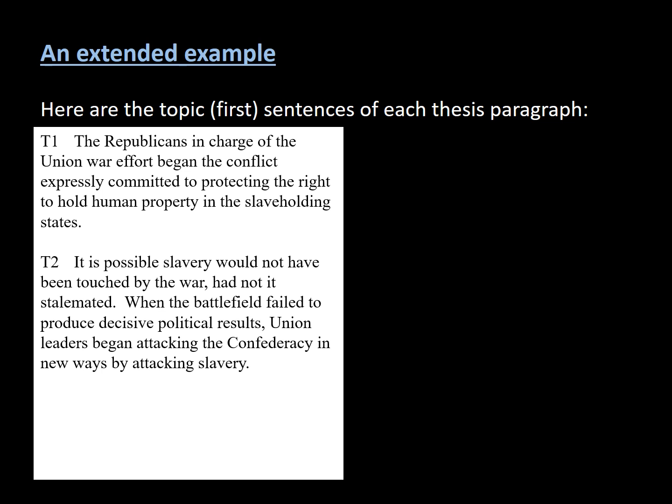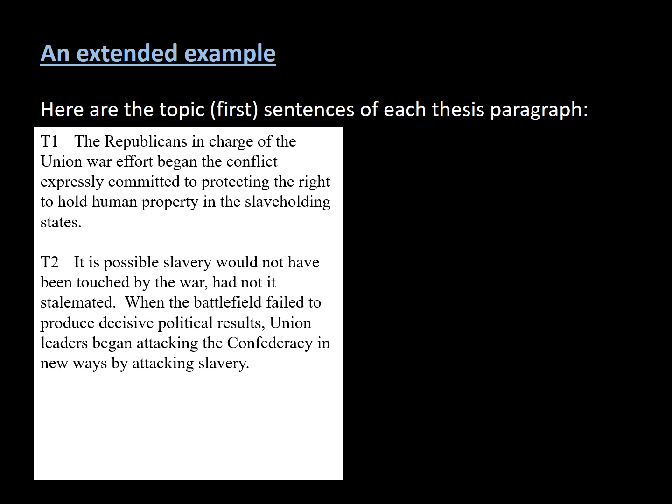Second point, and it's possible that slavery would not have been touched had the war not stalemated. But when the battlefield failed to produce decisive political results, Union leaders began attacking the Confederacy in new ways by attacking slavery. So this refers to a point that we explore in my Civil War class. But basically what happens in the Civil War is that it was a very, very bloody conflict.